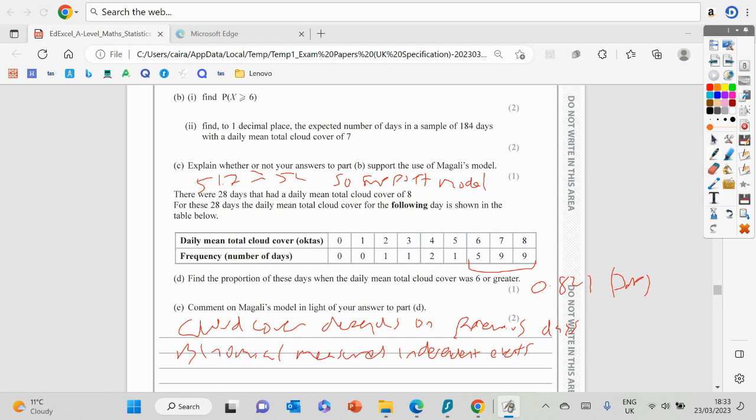These are not independent, so not suitable. That will get you 2 marks. You're giving it in reference to the question, and then you're following up saying it's suitable or not. I would say a normal will be good for this, because it's continuous, and that does not measure independent events. So a normal would be good for this sort of question.